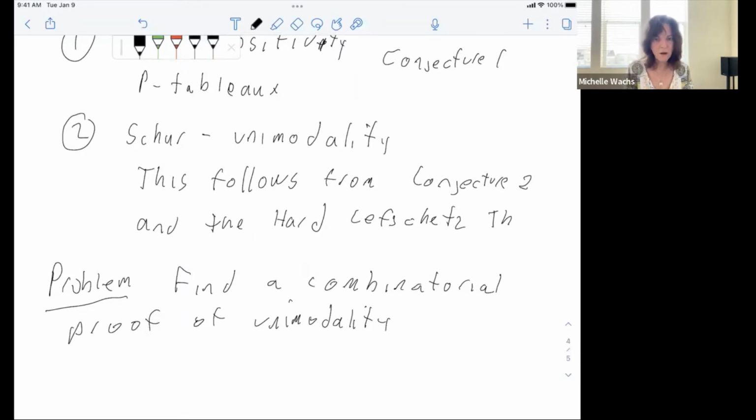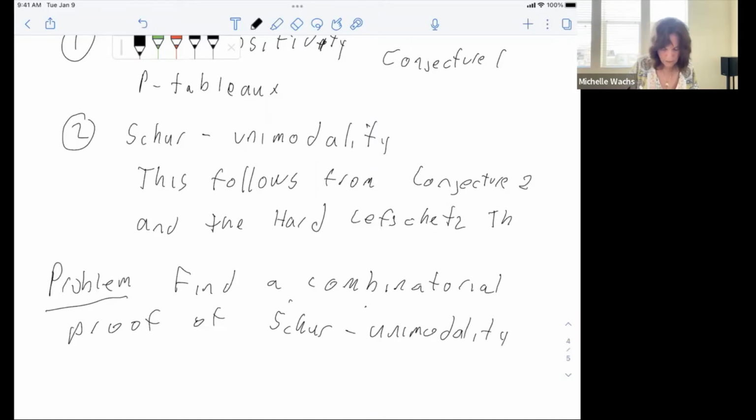We don't need the Hard-Lefschetz theorem or conjecture 2 if we had a combinatorial proof of Schur unimodality. That involves P-tableaux, which is what John talked about. So this is purely combinatorial.